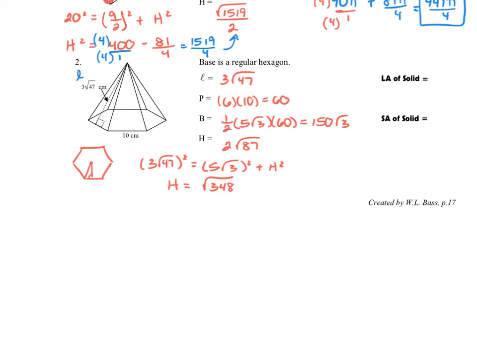So this is going to be my slant, and you can see that I've already put that in my list, okay? We can also quickly calculate the perimeter of the base because the side is 10. I have 6 of them, so I get a nice 60.